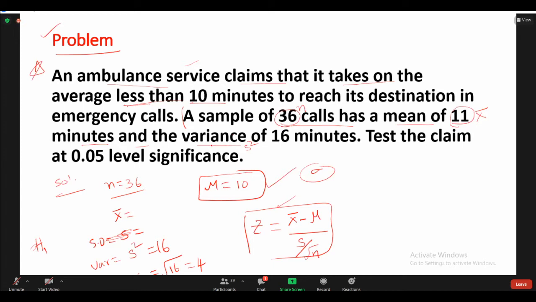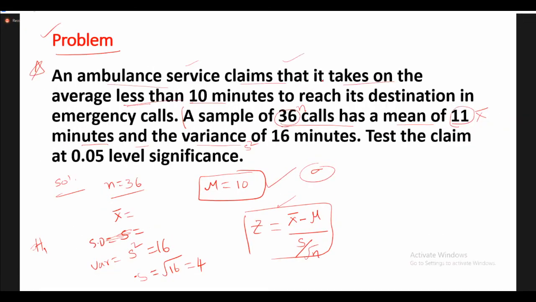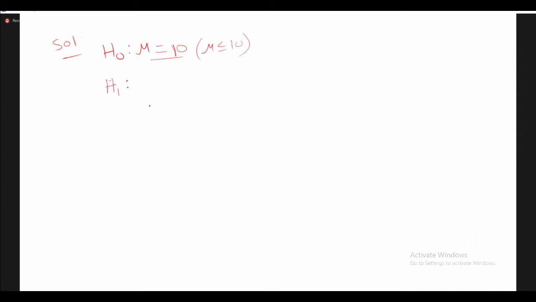The population, that is ambulance service, claims that it takes on average less than 10 minutes to reach its destination. Did you understand the point?